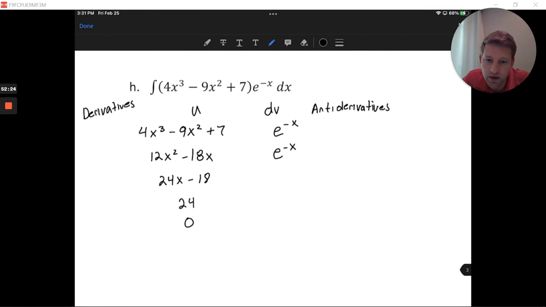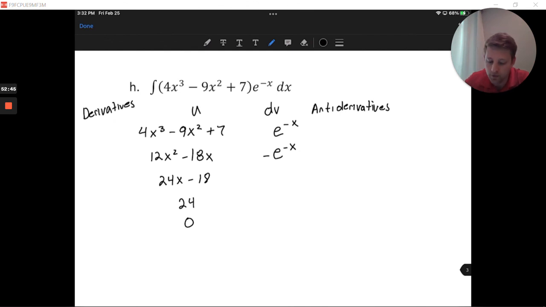So if I divide by the derivative of the exponent here, that would be negative 1. So dividing by negative 1 would be really the same thing as multiplying by negative 1. So that would just give us a negative e raised to the negative x for its antiderivative.